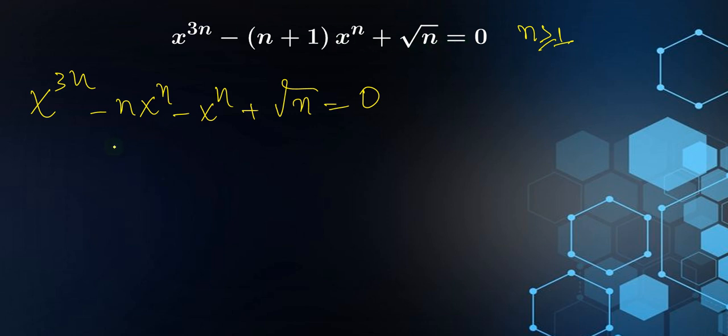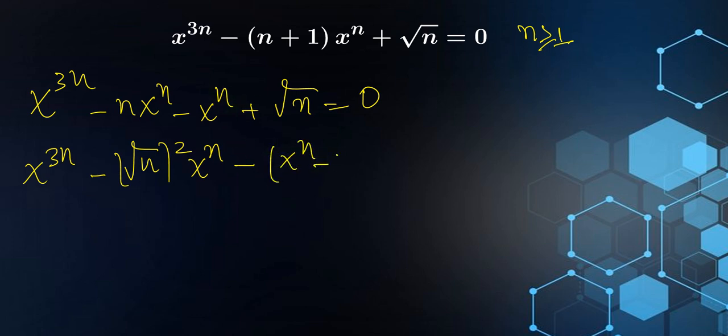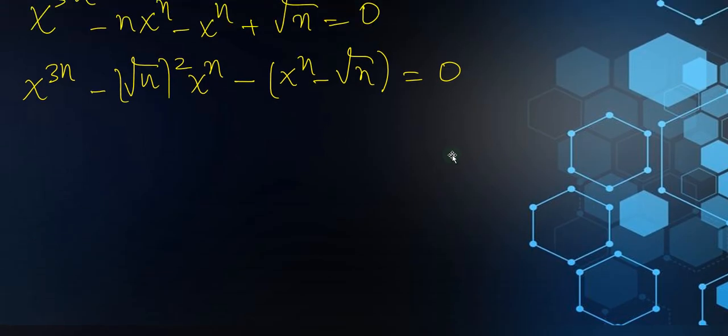Now, this is x to the 3n. This n here, I'm going to write as minus square root of n to the power of 2 times x to the n, and then minus, and I'm going to put this inside a bracket, minus square root of n, and this is equal to 0.